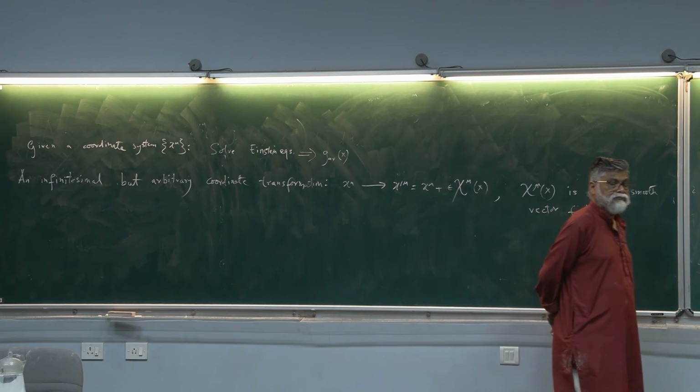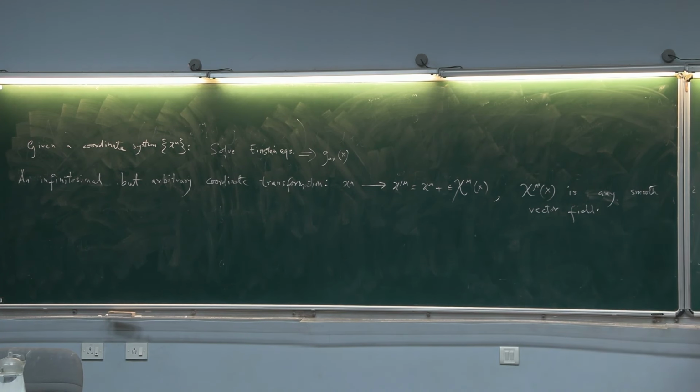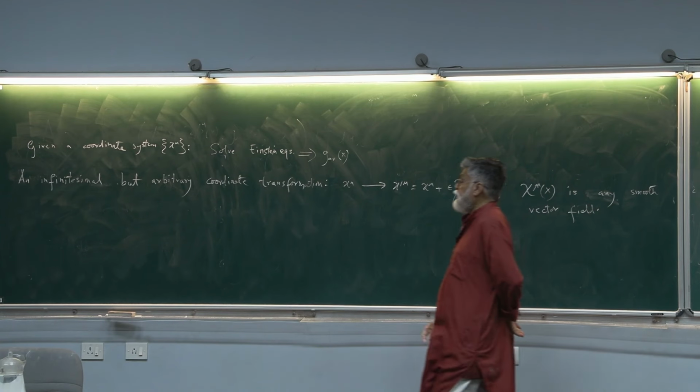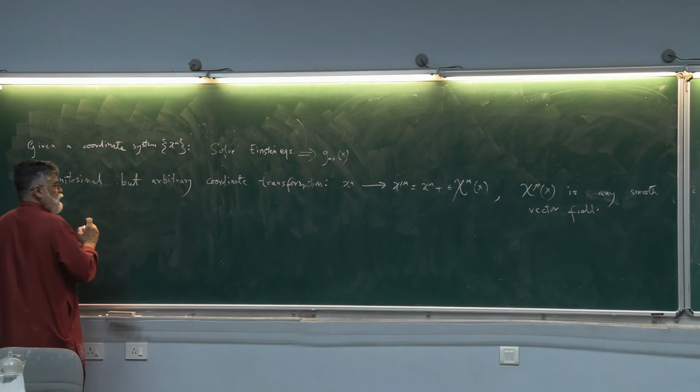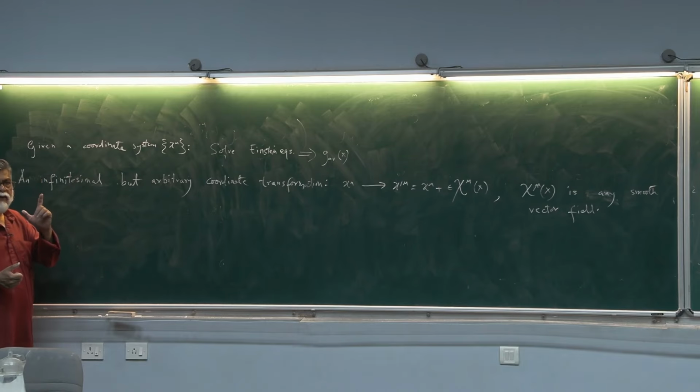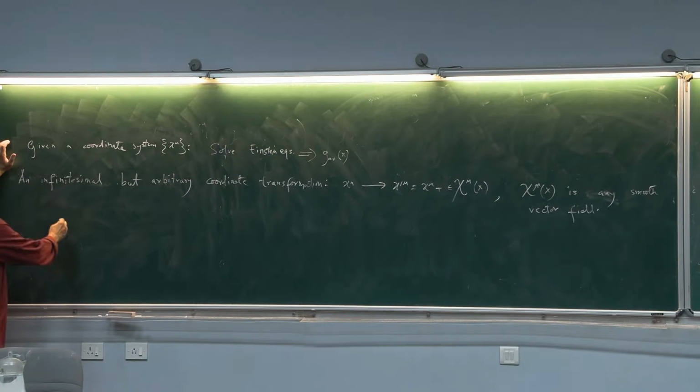Okay? Obviously, under this infinitesimal coordinate transformation, your metric will transform. So I have to see whether I take the covariant metric or the contravariant metric. It doesn't matter, we can always go from one to another. So let me take the covariant metric.